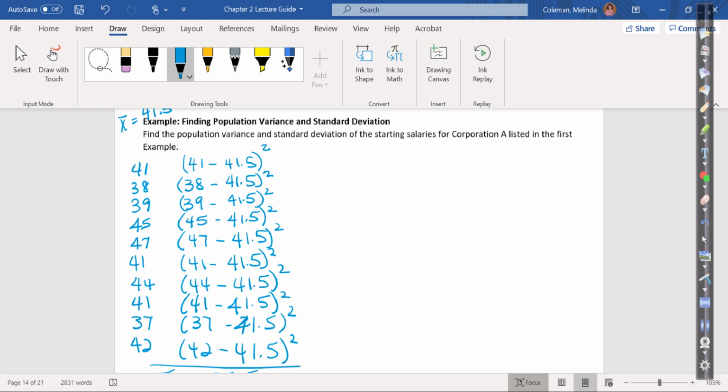But in any case, because this is a population, we end up with sigma squared equaling 88.5. If I take the square root of both sides, I get sigma by itself instead of sigma squared, and that is approximately equal to 8.85.